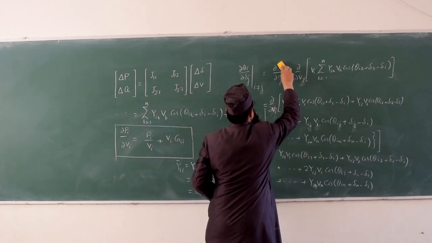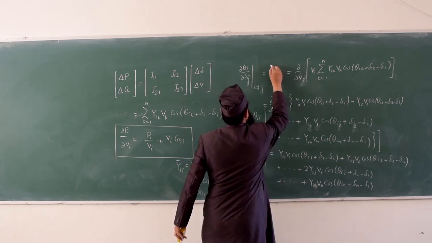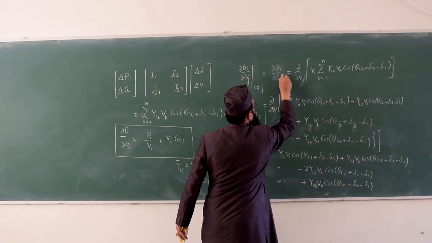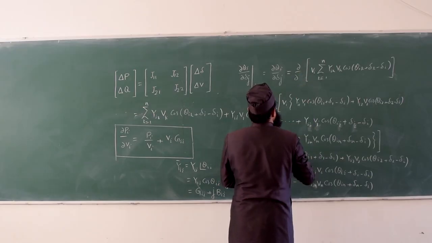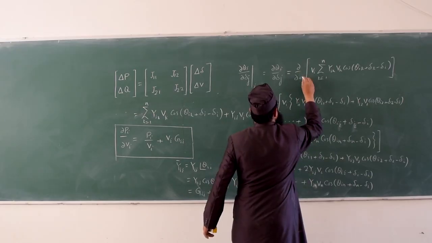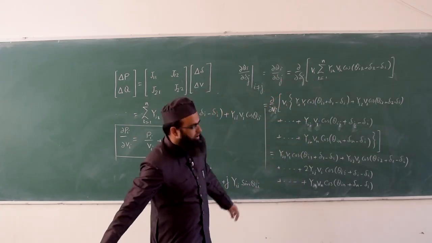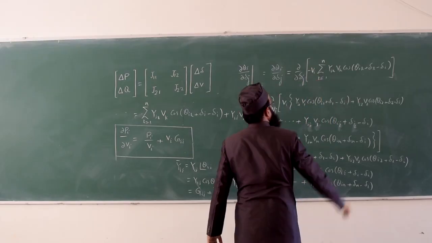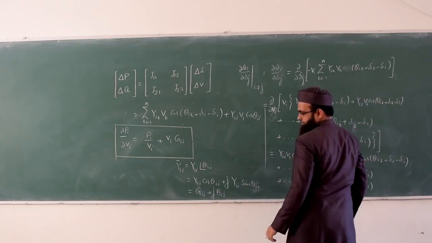So, write here Qi, this will be del Qi, same thing upon del delta J. So, del upon del delta J and equation of Qi, minus sign is here and all other terms are same except here we are having sine.